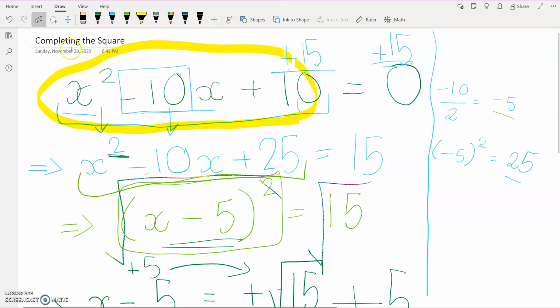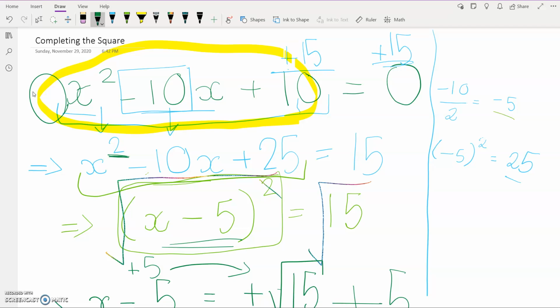I hope you found this tutorial helpful. I will be making another tutorial where I will be doing a slightly more complicated or slightly harder practice problem of completing the square. Those problems are typically problems where your a value, or the coefficient of the x squared term, is not 1. Here it was 1, right? This 1x squared minus 10x plus 10.